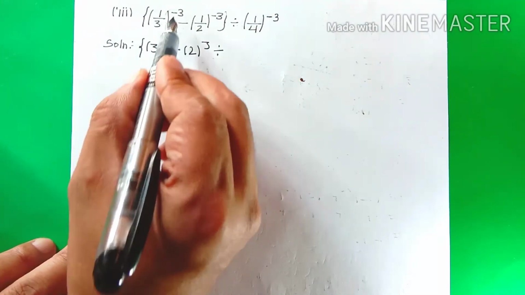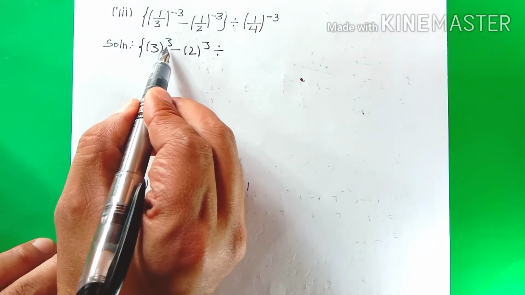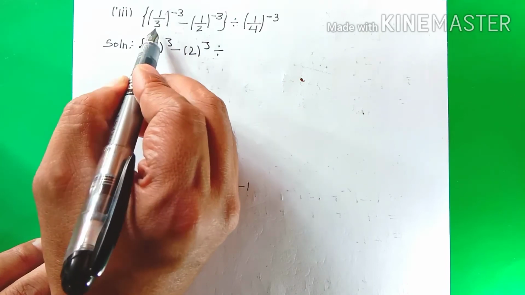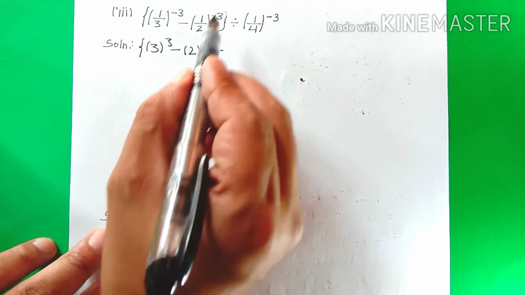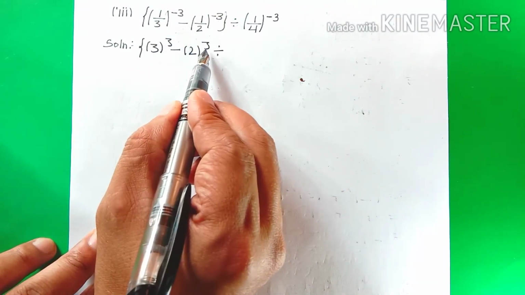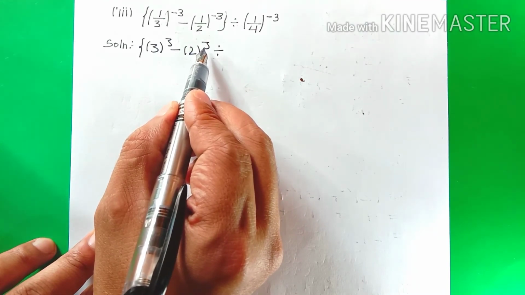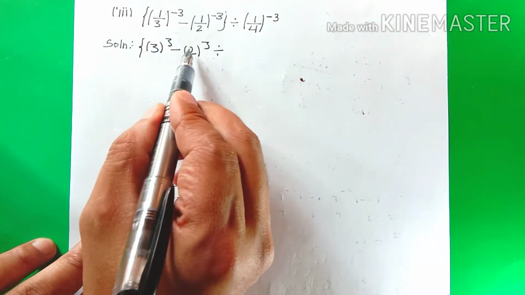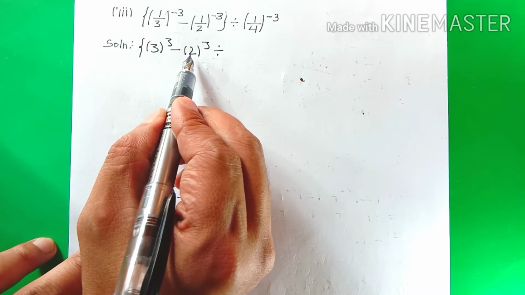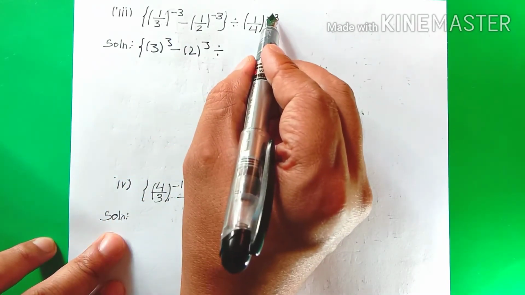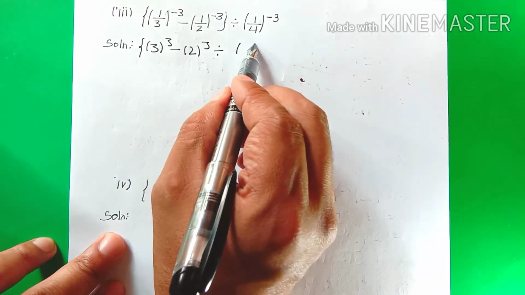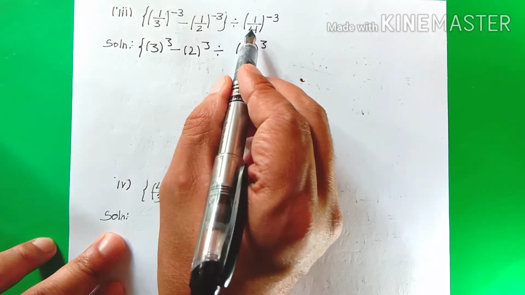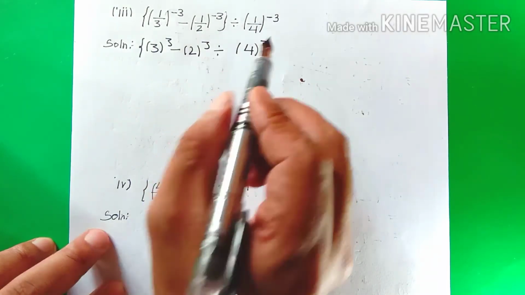So we can see here minus 3, we are changing into plus 3. The reciprocal of 1/3, which is 3, minus again negative 3. We have converted this here, that is plus 3. The reciprocal of 1 by 2 will be 2 by 1, so that is only 2. Again here minus 3, we have plus 3, then the reciprocal of 1 by 4, which is only 4.